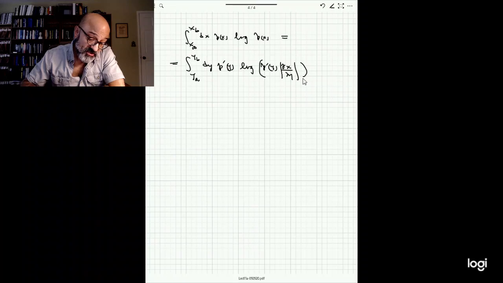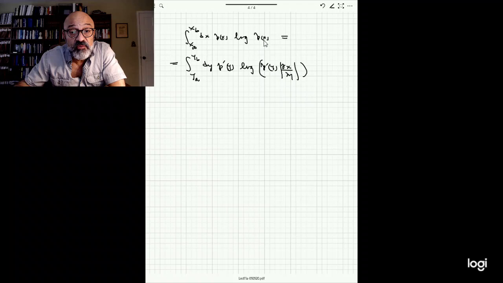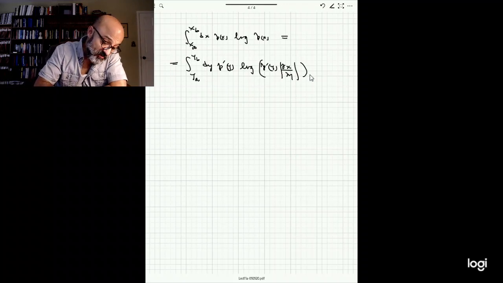Very good. So now you see you have a problem, because which is the formula for entropy? Is it going to be this one, option 1, or option 2?